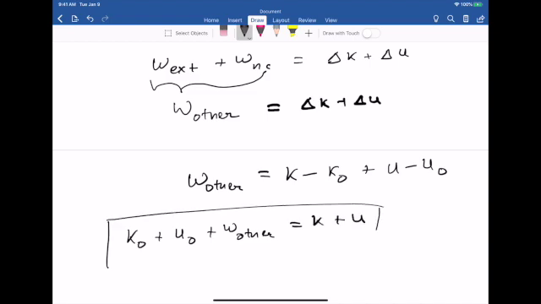This is a very, very important equation. And this is just a rewriting of the same equation that we had earlier, but this equation makes it a lot easier to do problems.